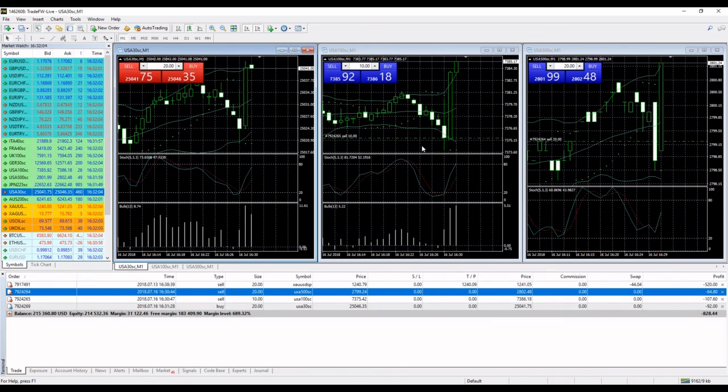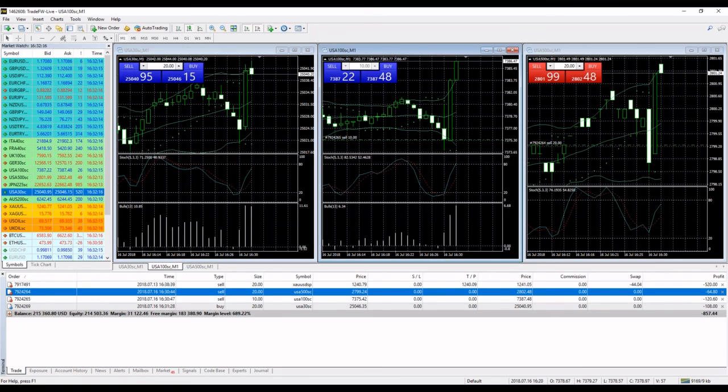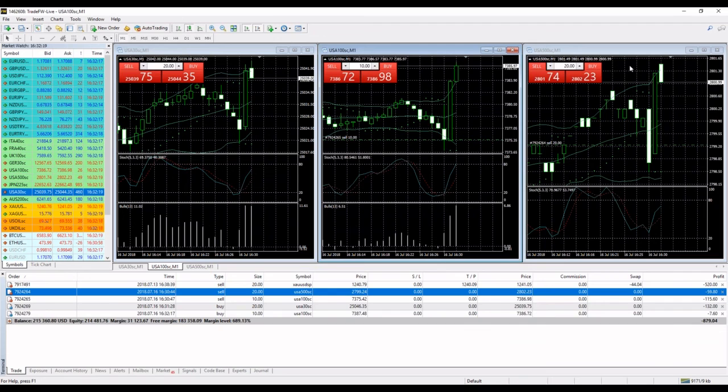Okay, I will close my USA 100 position. No, I will open another buy position on USA 100, guys. So on USA 100, I opened another buy position. I'm short on it and I bought again.